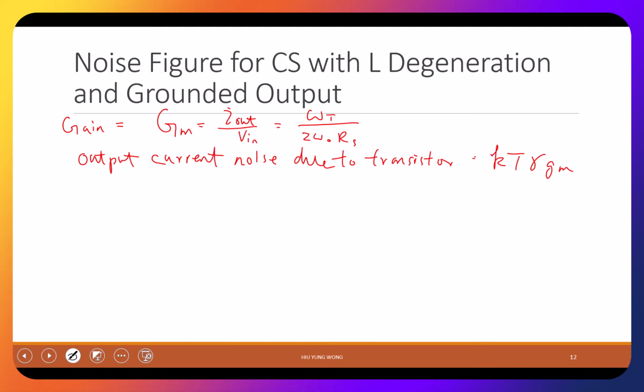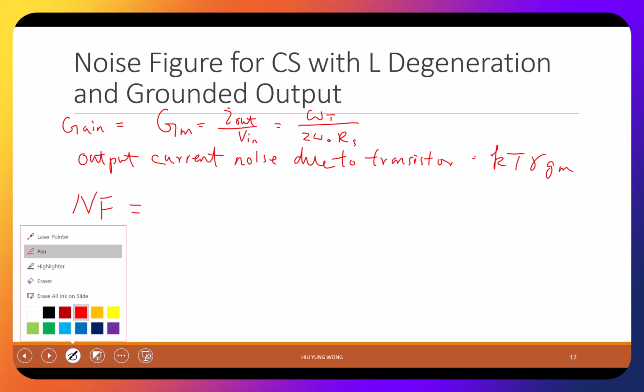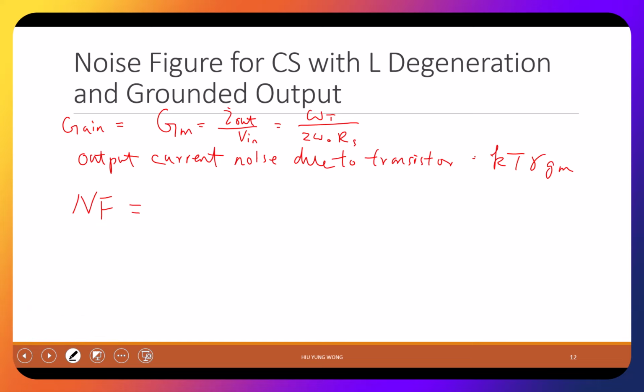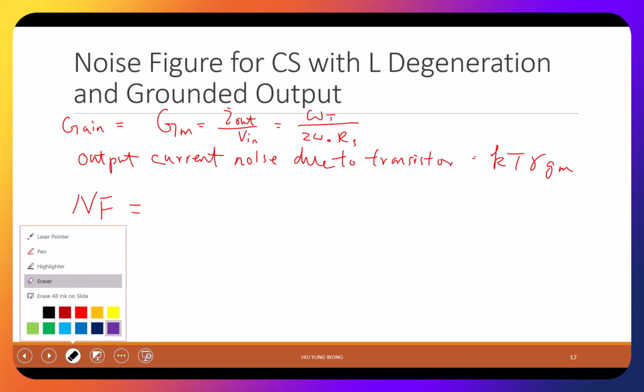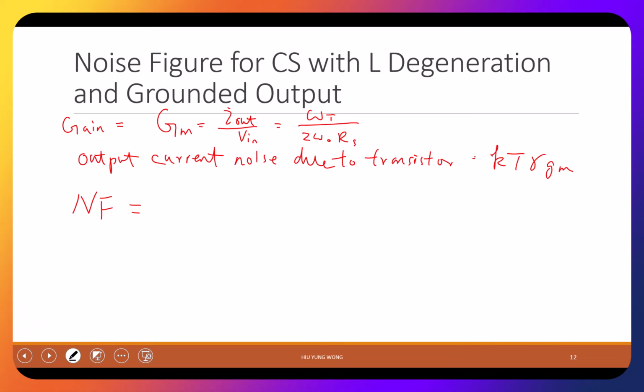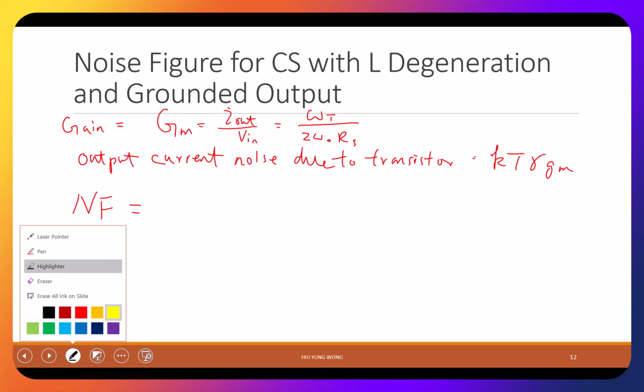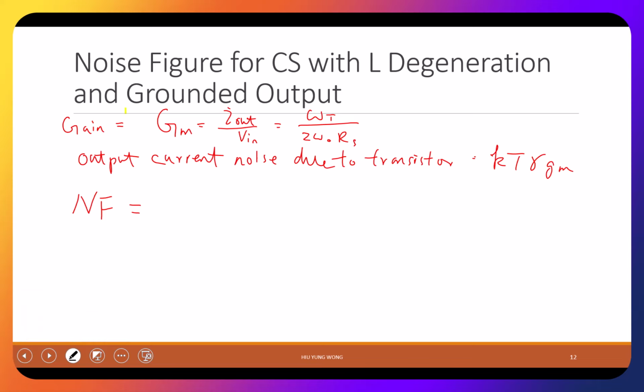So what is the noise figure for this part? Remember, this is very important. I'm still talking about with grounded output. Are you going to refer these noise back to the input? Yes. Yeah, I'm doing that.